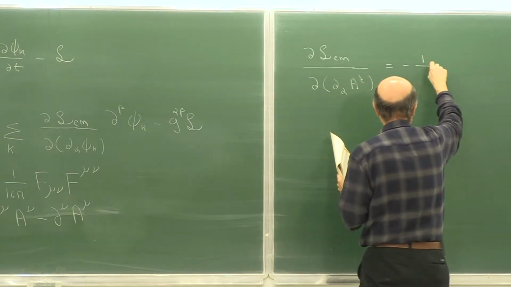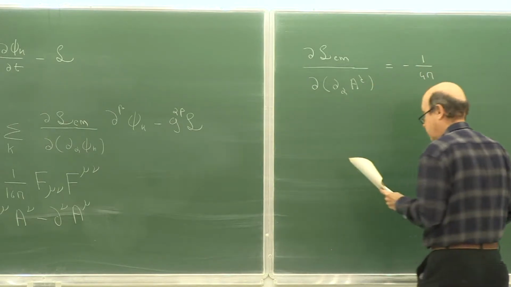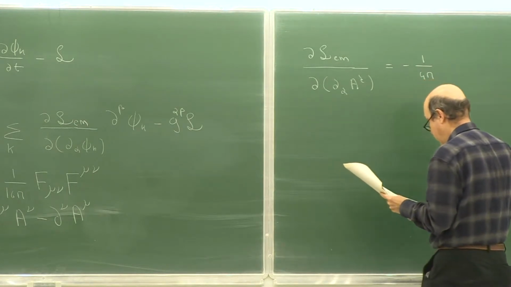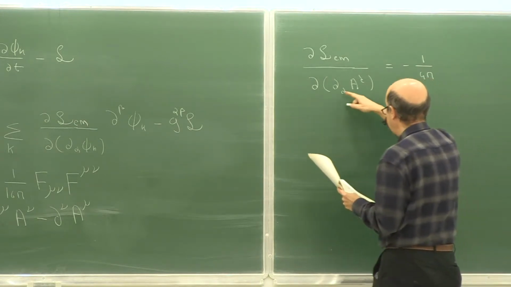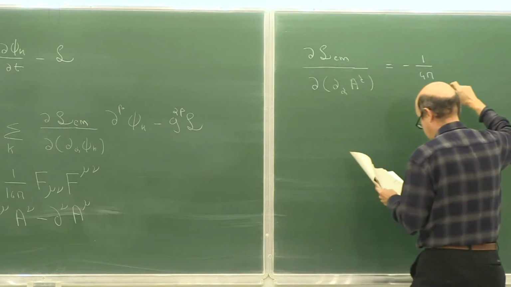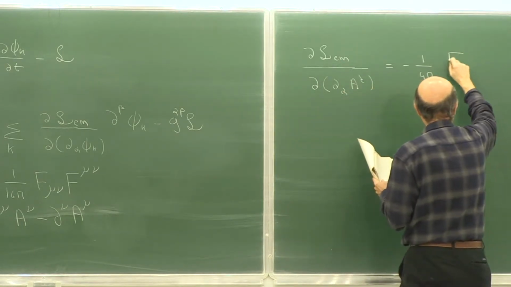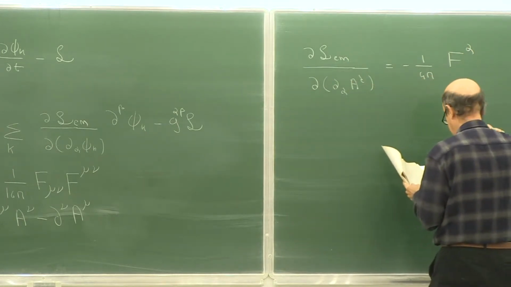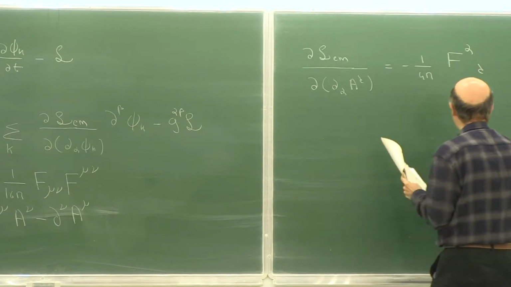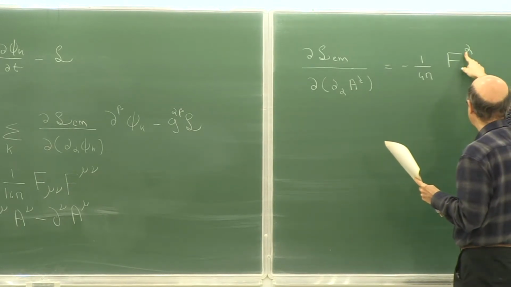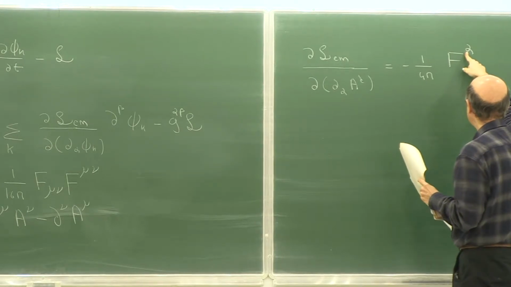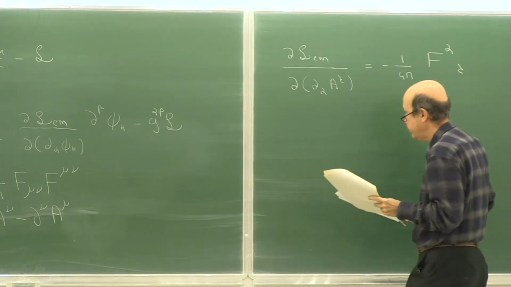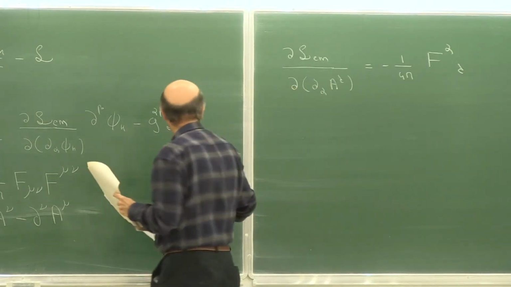Minus 1 over 4 pi F alpha lambda. You have to go and get your lecture notes and try to derive yourself what we did last time. This index is upstairs, the contravariant index alpha, and the downstairs index is lambda.